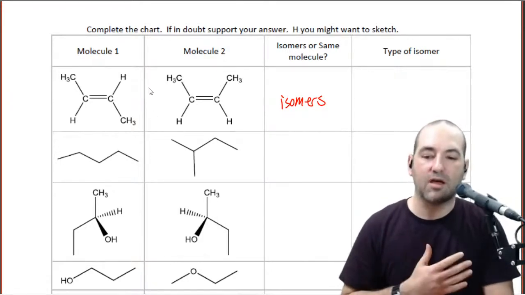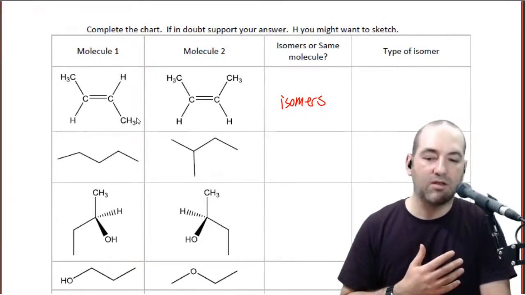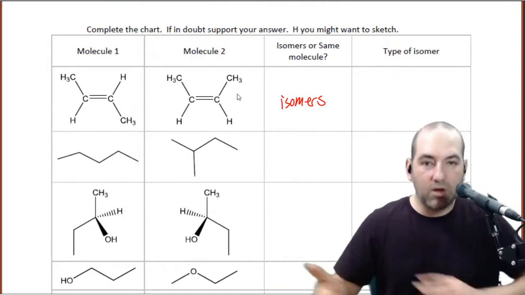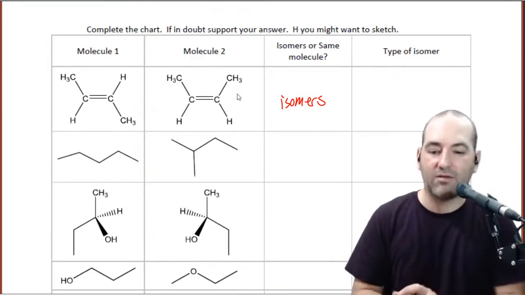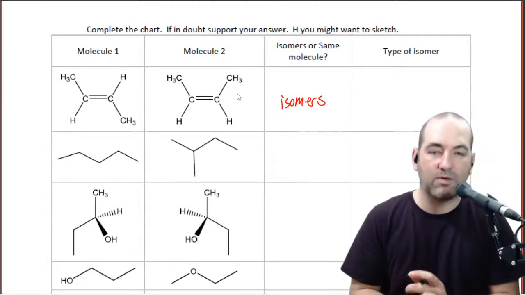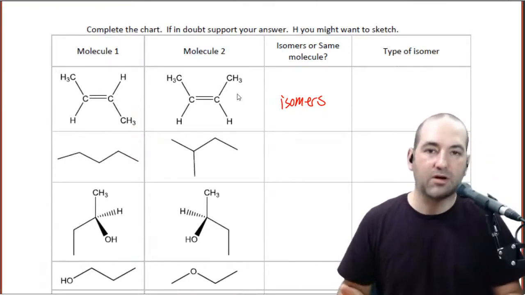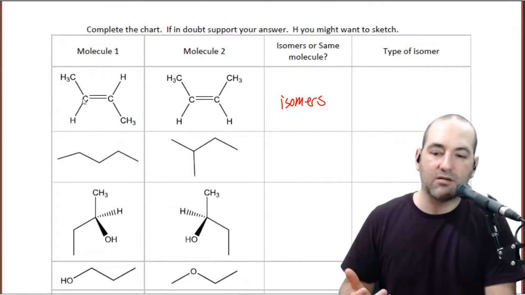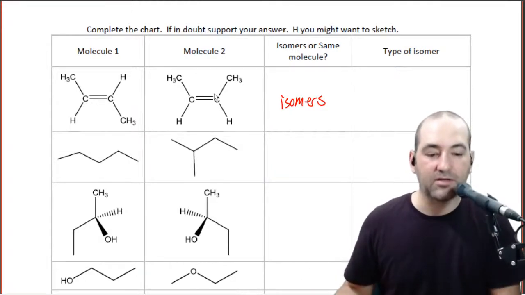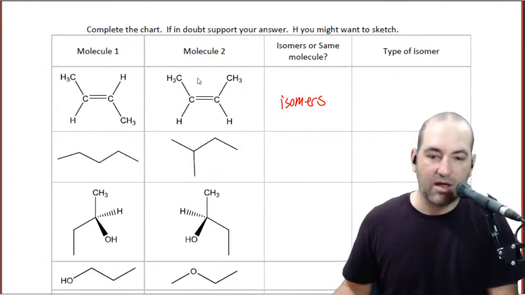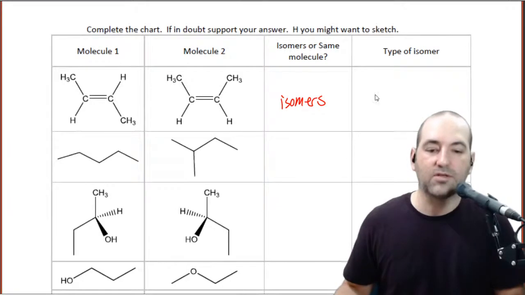They're not mirror images. In fact, if we took the mirror image of one of these, if we drew it, we would be able to superimpose it back on itself. So there's not chirality here. We don't have that situation where we have 4 different groups attached to a carbon because these double bonded carbons only have 3 groups attached. They're flat. So they're not enantiomers, they're not mirror images, and yet they're still stereoisomers of some sort.